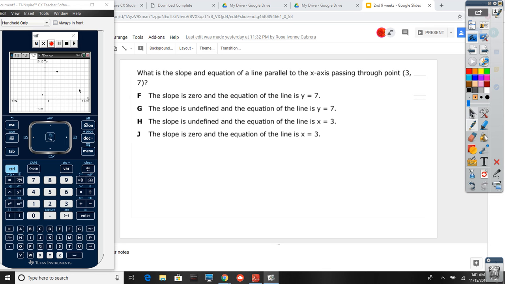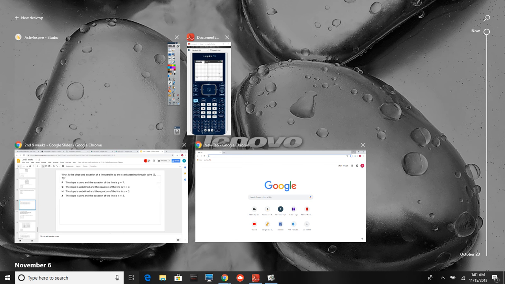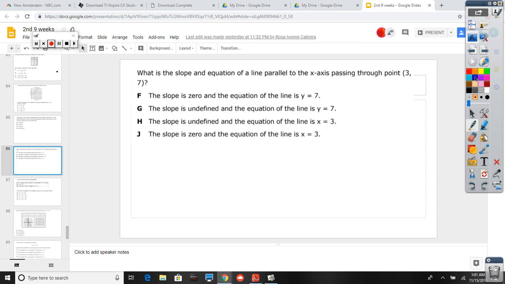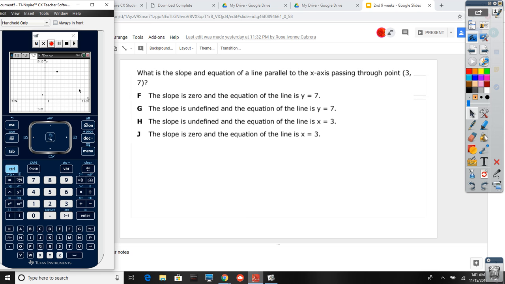Okay. Now I wanted this line to be parallel. You guys already know parallel means lines never touch, to the x-axis, and this is the x-axis right there. What's going on with this computer? It's going crazy. I'm going crazy.